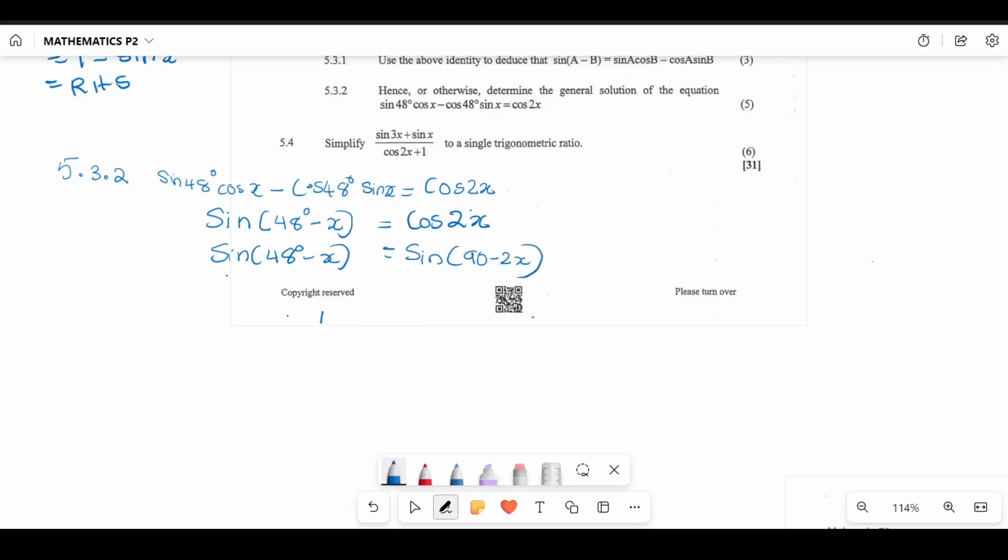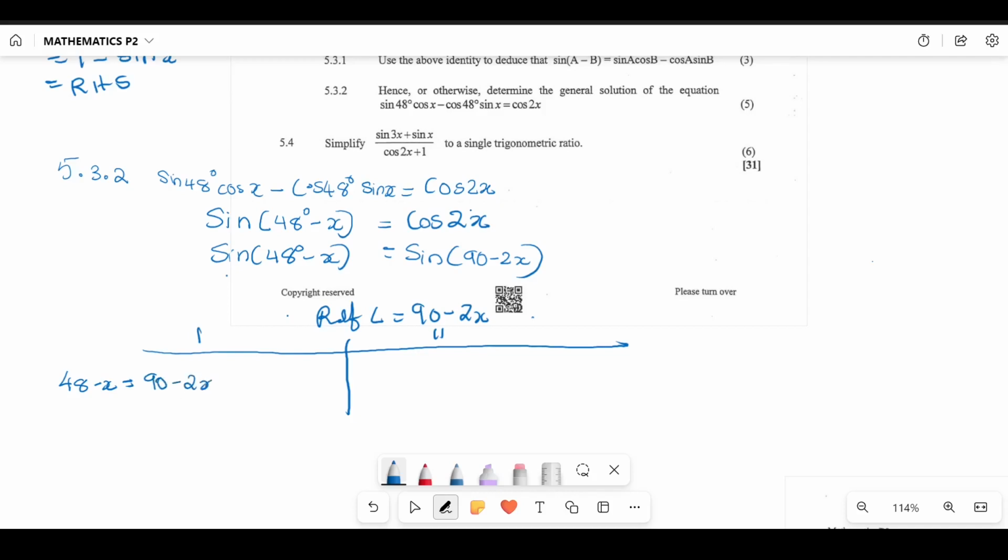Take the one on the right as the reference angle, 90 minus 2x. The two quadrants where sine is positive are the first and second quadrant. So the answers are: 48 minus x, which is the angle on the left, is equal to 90 minus 2x, the reference angle, plus k 360.